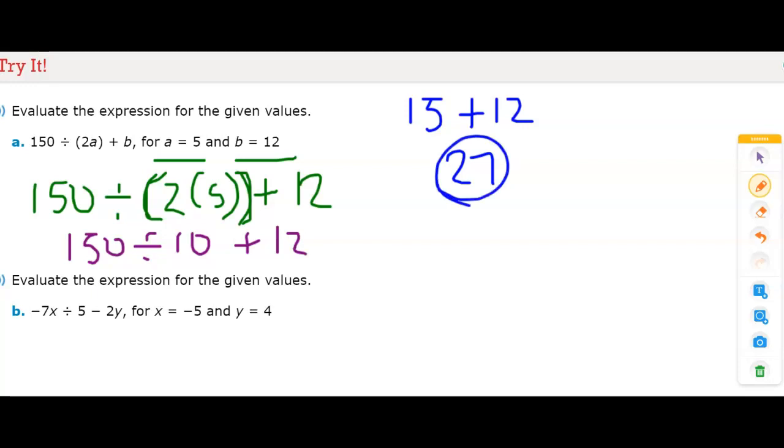Then we have the second one. Evaluate the expression for the given values. Part B. -7 times x divided by 5 minus 2 times y, for x equals -5 and y equals 4.